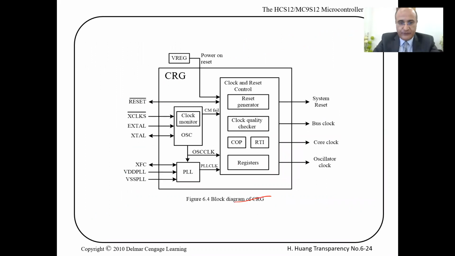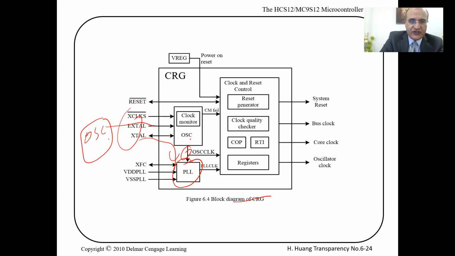So the CRG clock has a PLL that multiplies a clock source that you can get from an oscillator or externally through these pins. If you have an oscillator like in our case, it is connected to these two pins, and this is pulled to low.